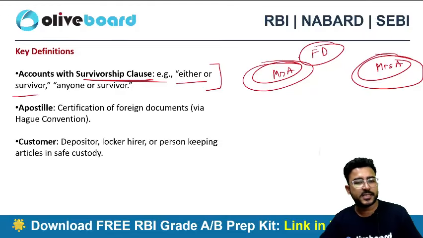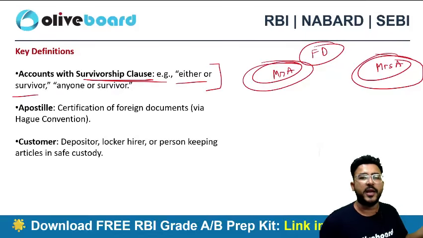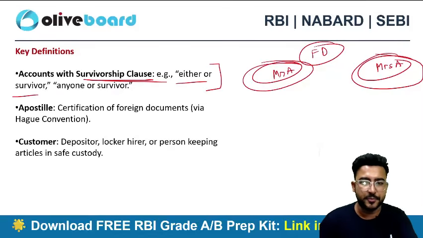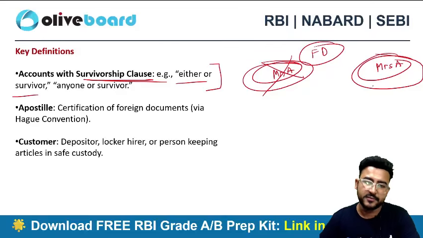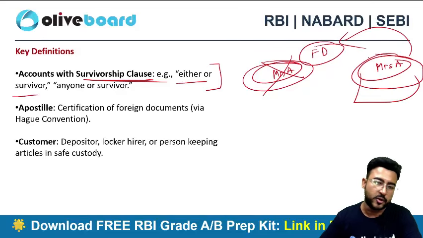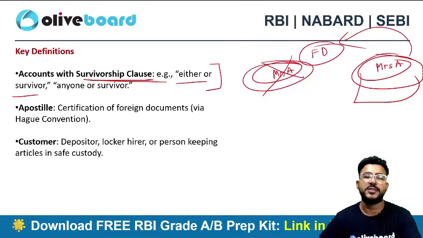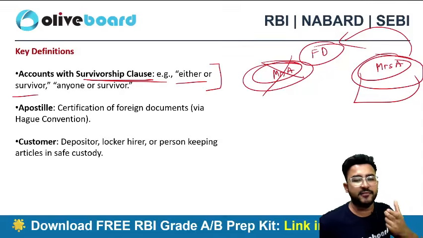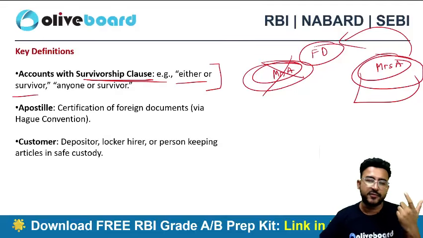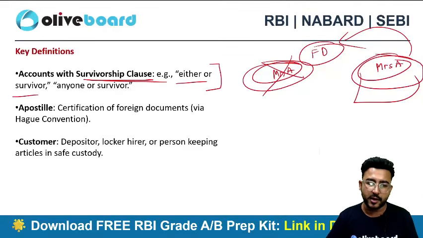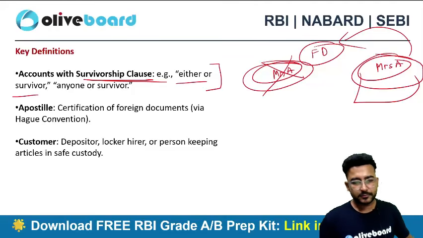Mr. A or Mrs. A, either of them can operate, or any survivor can also operate. Let's suppose Mr. A passed away, Mrs. A can also operate on behalf of Mr. A, right? So this is a clause, either or survivor, anyone or survivor. So these are survivorship clauses which are attached to the accounts, right?